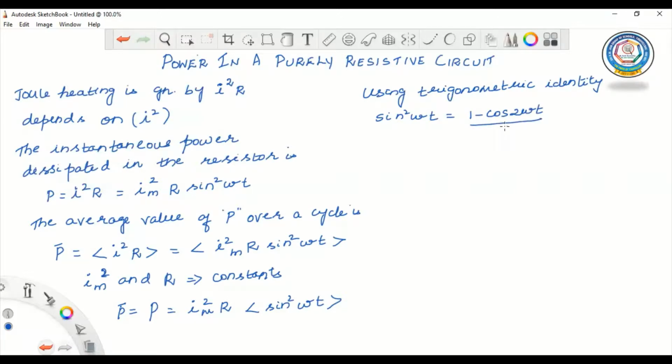We have already discussed this in the RMS value also. So the average value of sine square omega t is 1 by 2.